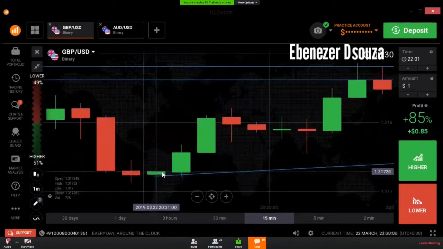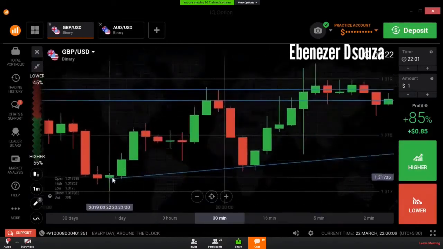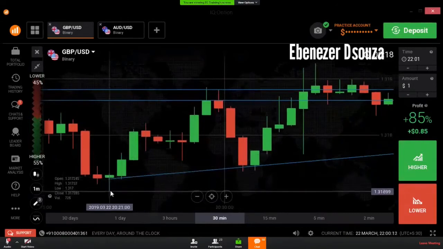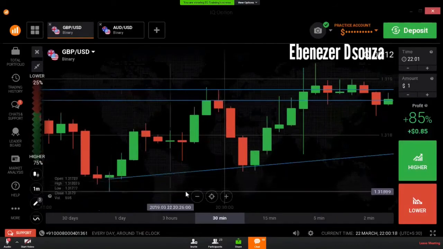From this level to this level, we are seeing a buyer's entry directly. So this is also a buyer's entry and this is also a buyer's entry. We can consider the whole area as a buyer's entry point.